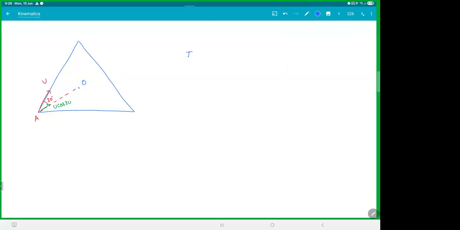Then you will simply say the time taken to go to the centroid is simply the length AO by the velocity along AO. If you want to go from A to O, then shouldn't you have velocity from A to O? Velocity along AO. And I hope everyone remembers centroid distances. The centroid will divide the median in the ratio of 2 is to 1.